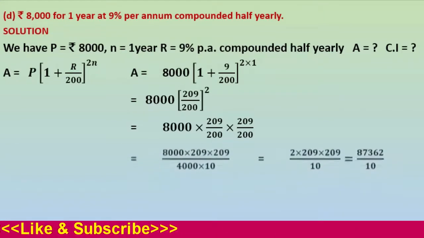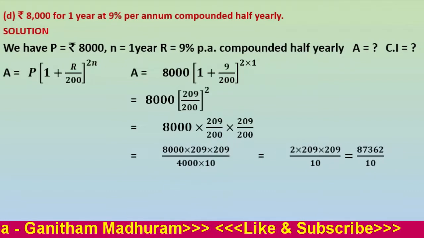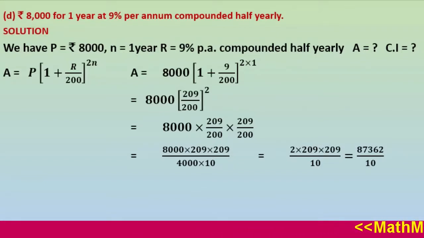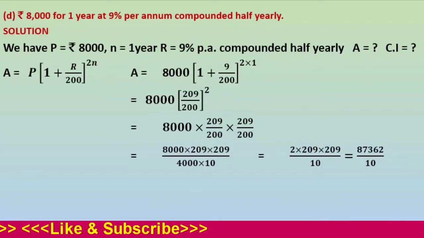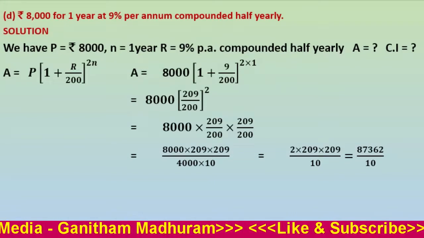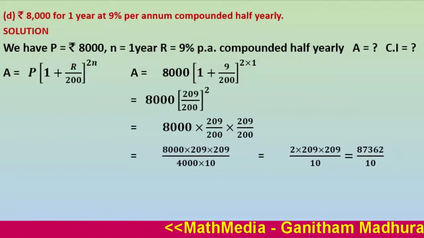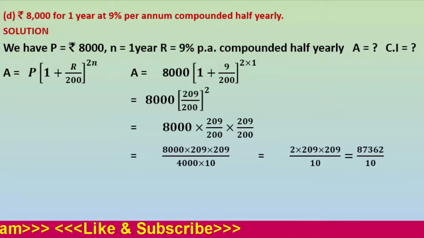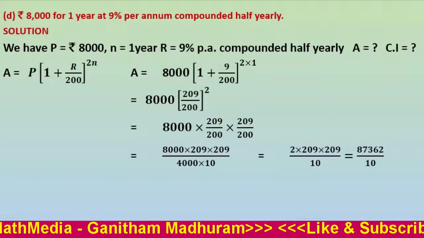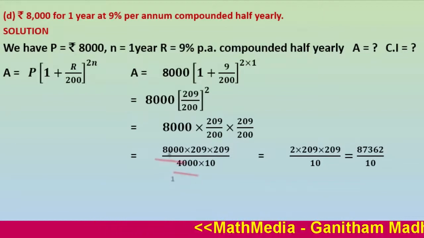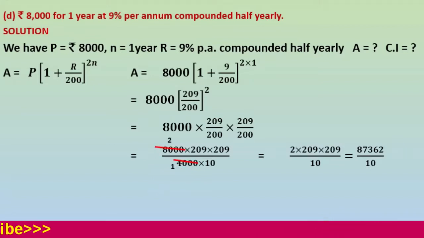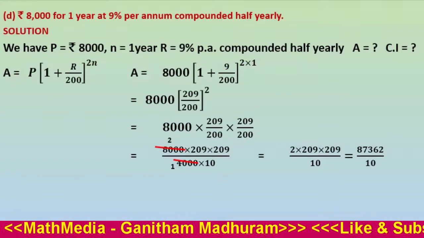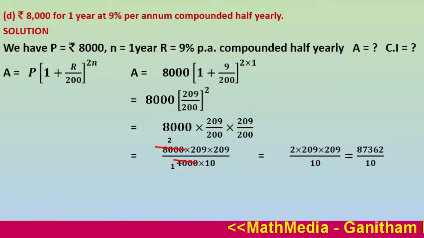We can multiply the numerators. So we get 8,000 into 209 into 209 whole divided by 200 into 200. 200 can be written as 20 into 10. So 200 into 200 we can write it as 4,000 into 10. Clear? And now we can cancel 8,000 and 4,000. So the numerator becomes 2 and the denominator become 1. Now we can multiply the numerator and multiply the denominator.